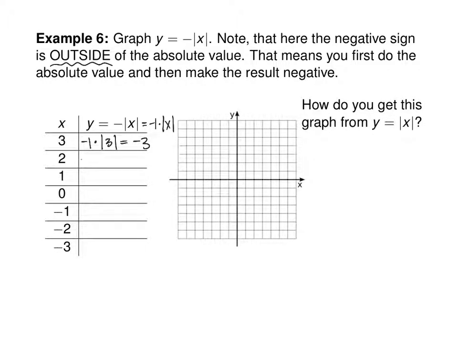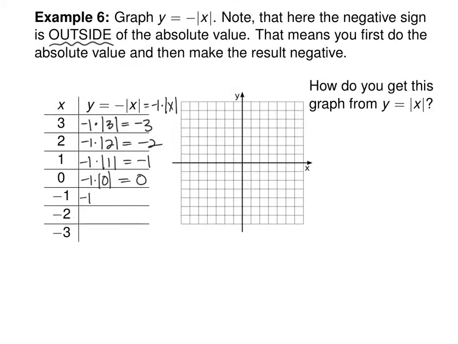If I input 2, I have -1 times 2's absolute value, which is -1 times 2, or -2. If I input 1, -1 times 1's absolute value will give you -1. -1 times 0 absolute value will give you 0.